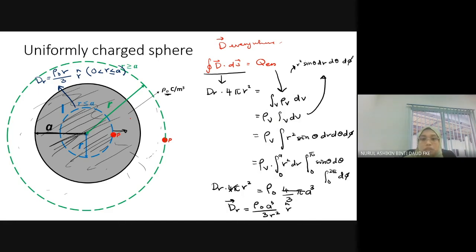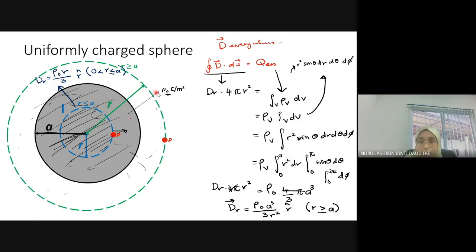The limit is r larger than or equal to a, so be careful here at this point.